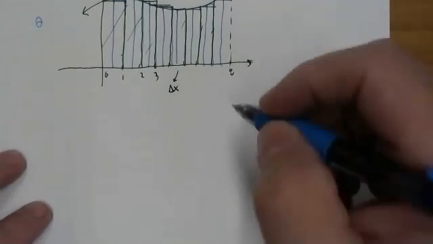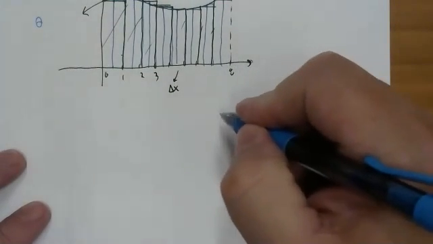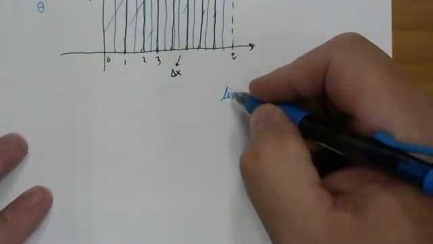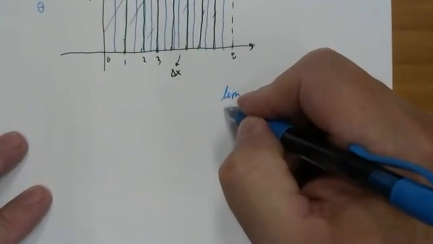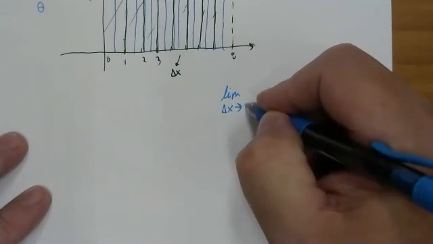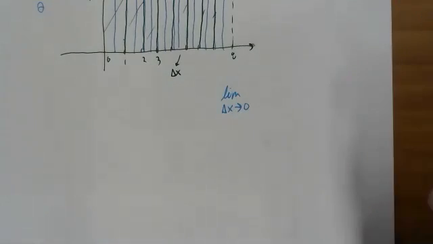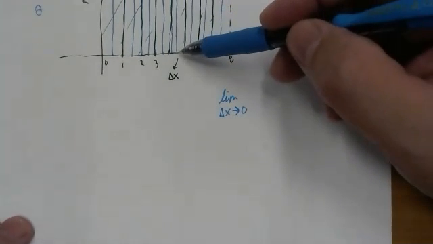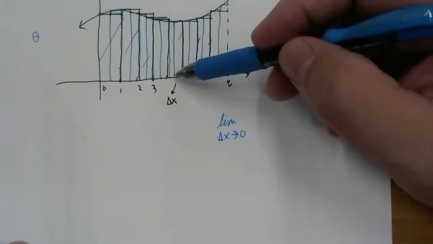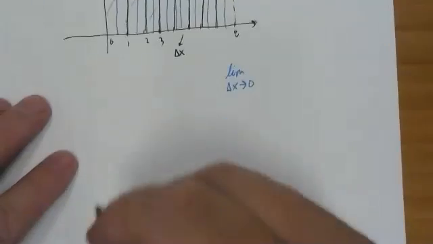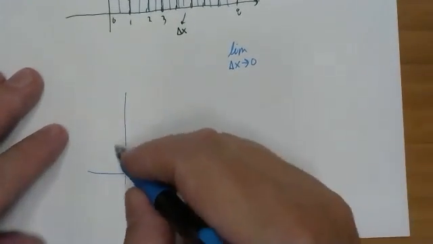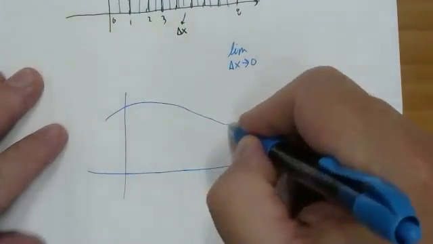And actually what happens, now this is where the calculus comes in, and this may or may not make sense, is we turn this into a limit problem. If we could make the width of these rectangles as small as possible, I just want you to see what's going on.